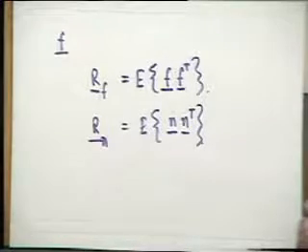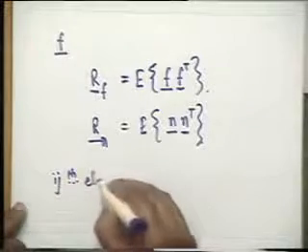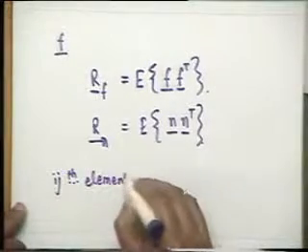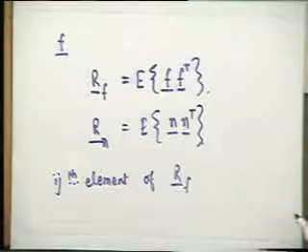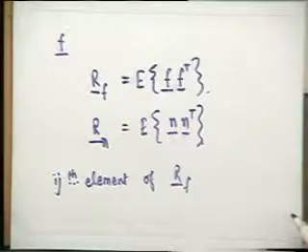Now how do you get the ijth element of any matrix, say Rf? The ijth element is a scalar quantity.